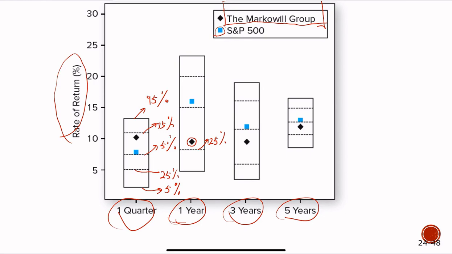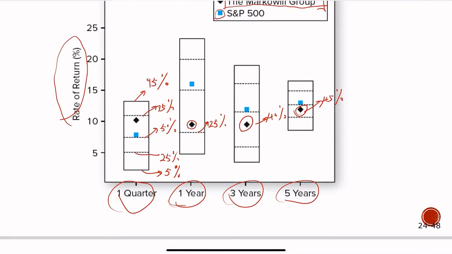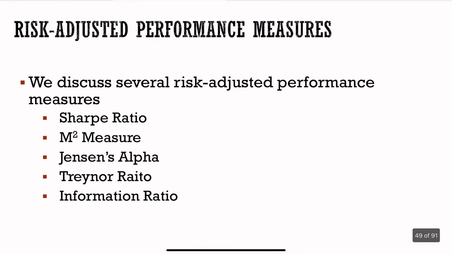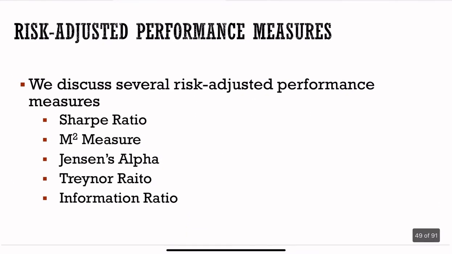And then if you look at longer years, this is potentially about 40%, and this is again, I guess, about 45%. So you would see that this fund did not have very good performance over a longer term, right? Potentially you won't want to buy this. Okay, now let's talk about some more formal performance measures.